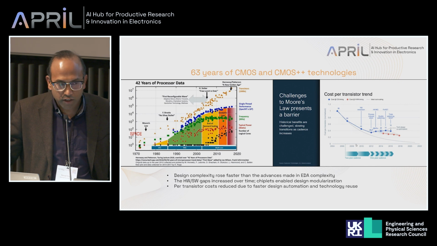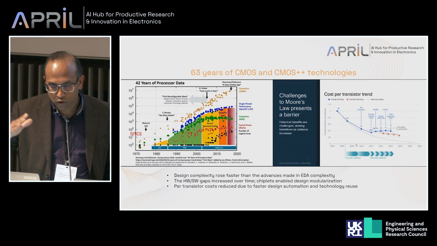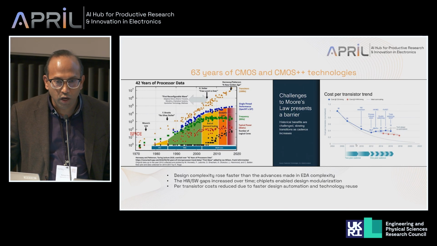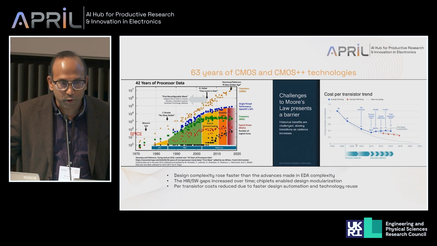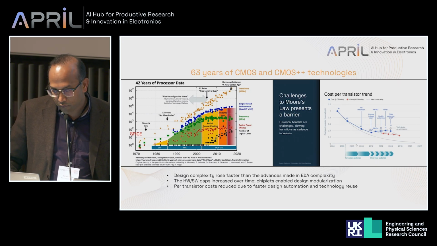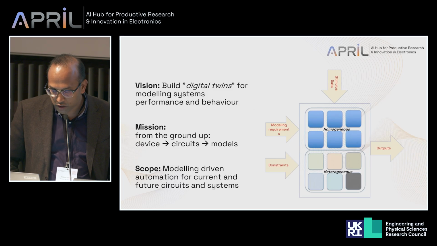The fascinating thing that has happened, which we want to get inspired by, is that over so many years of design automation and also fabrication data reproducibility, we have been able to reduce the per-transistor cost to a level where billions of transistors are now almost in everyone's pocket. So something to learn from. Can we do the same thing, replicate or learn from that, in the beyond CMOS research?